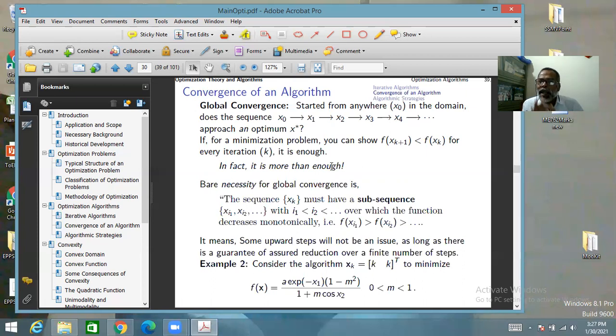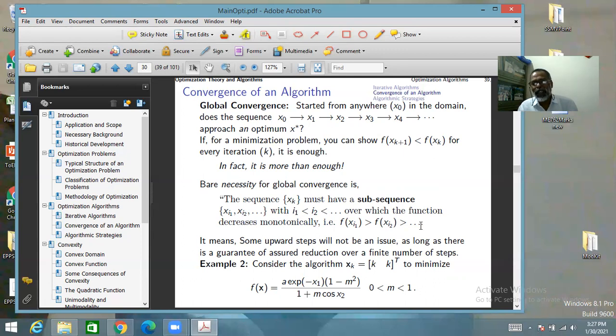The bare necessity for global convergence is that the sequence x1, x2, x3, x4, etc. must have a subsequence, something like x3, x7, x15, x28, x41, which has that continuously decreasing property. So i1, i2, i3, i4, etc. are increasing numbers, and the corresponding iterates happen to be better, better, better, and so on.